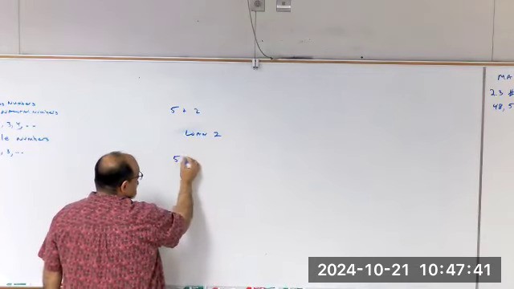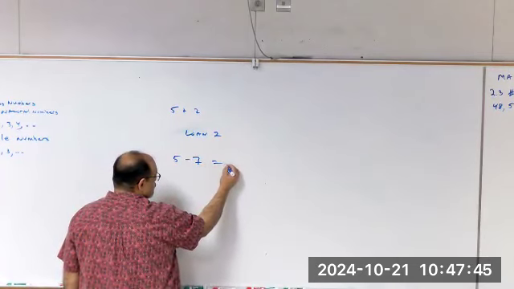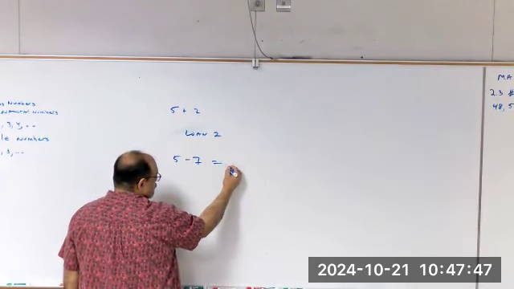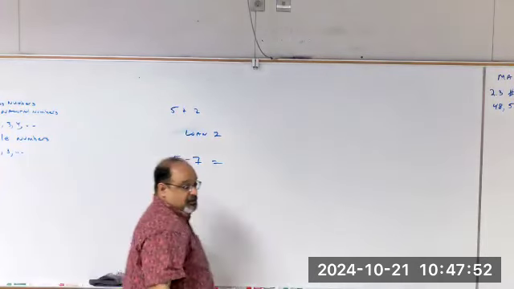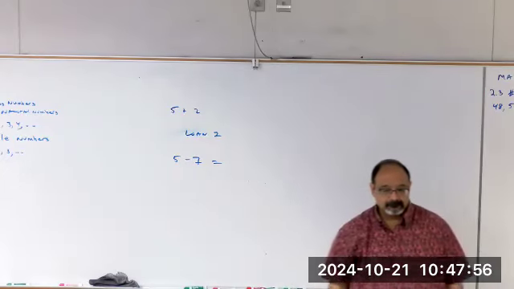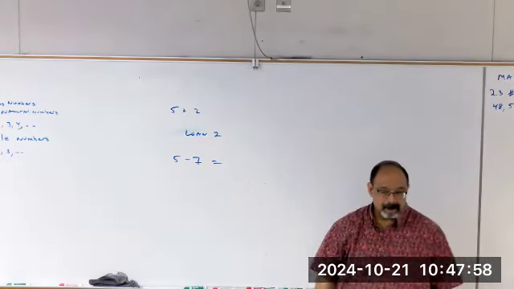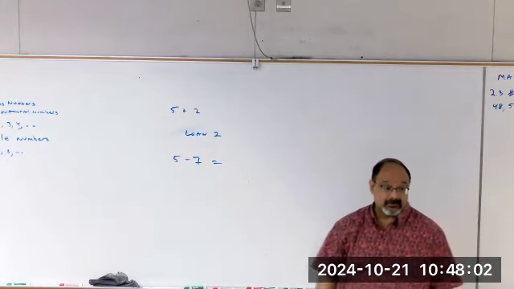So 5 minus 7. There's no answer in 5 minus 7. So there must be another set of numbers where 5 minus 7 has an answer.